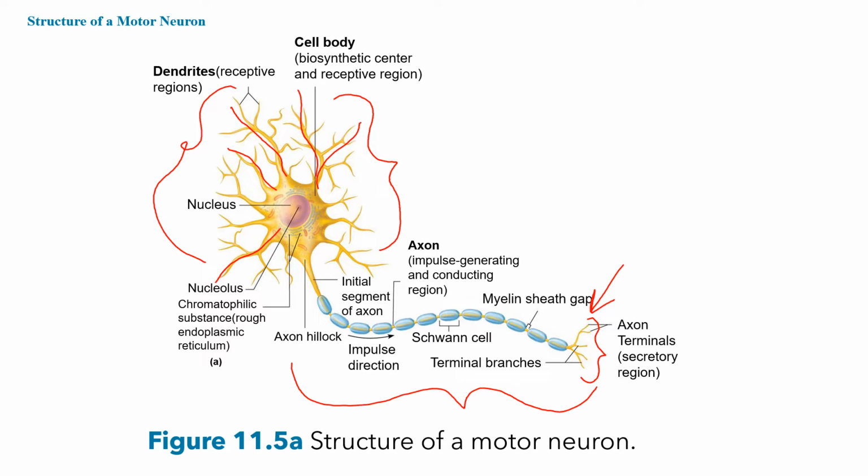It could be another neuron. In our case, we're going to actually talk about how we get to the muscle, and we have this motor end plate, which is then going to interact with the muscle and will be how we conduct neural impulses from nerves to the actual muscles.